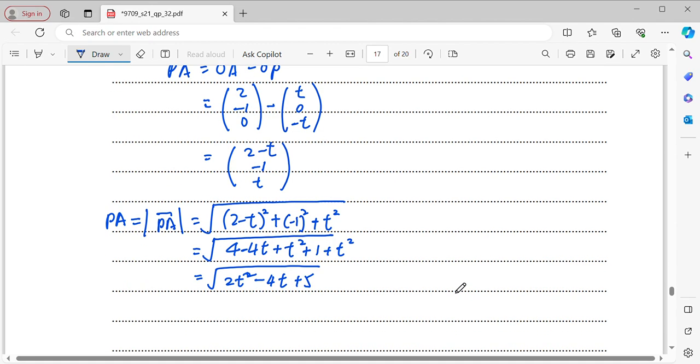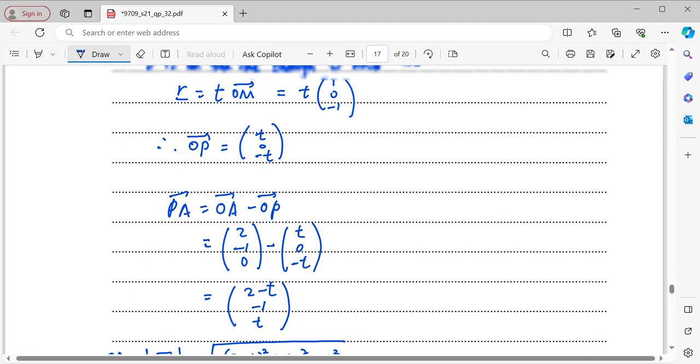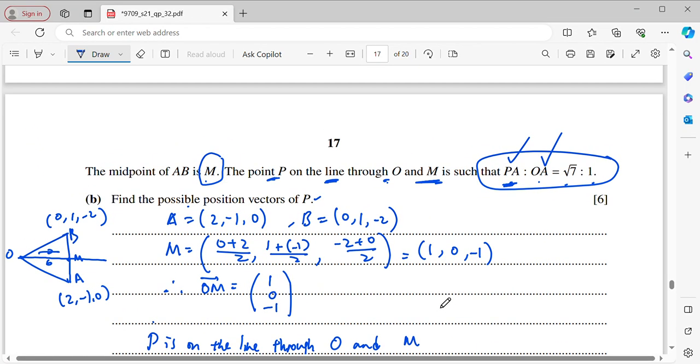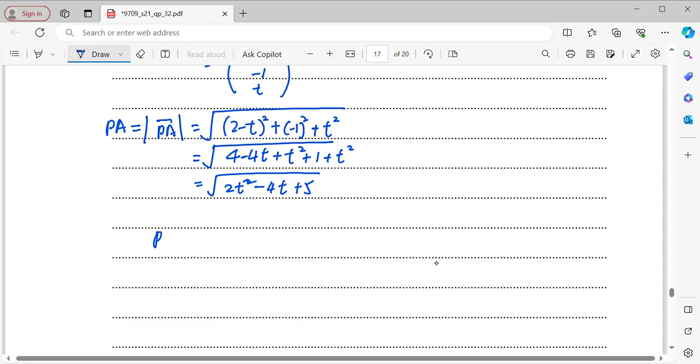Now I will start using the given ratio. The length of PA to OA is square root 7 to 1. So PA over OA is square root 7 to 1, which means PA is square root 7 times OA.